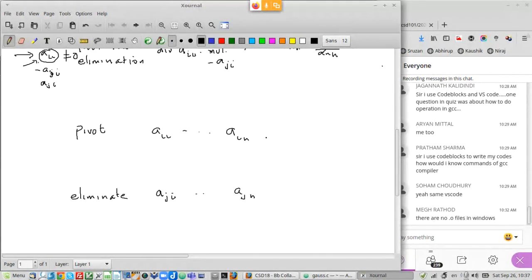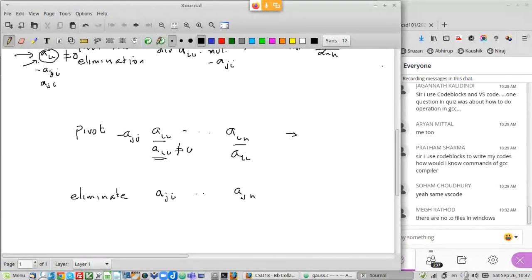Now you are going to divide this whole row by AII. Everything here will be divided by AII and multiplied by minus AJI. So AII cannot be 0.